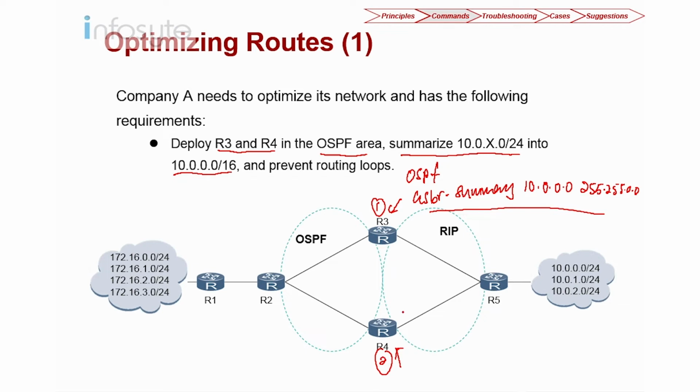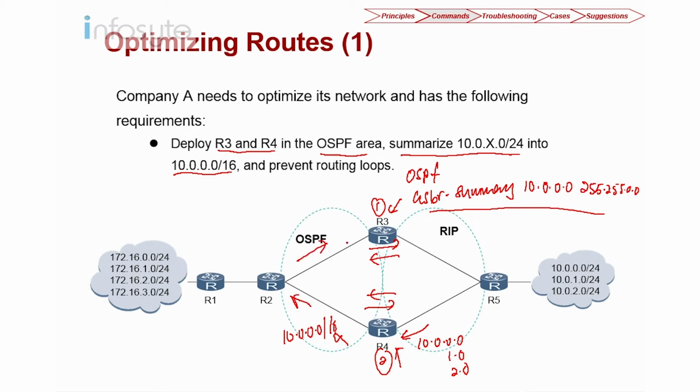Now what will be the effect over here is, since both router 3 and router 4 do a mutual import, when I create the summary from the OSPF, all the detail routes that are sent to R4, which are 10.0.0.0, 10 and 20, will be summarized as 10.0.0.0/16, and it will be advertised to R2.